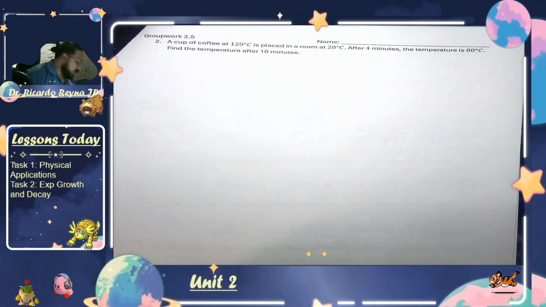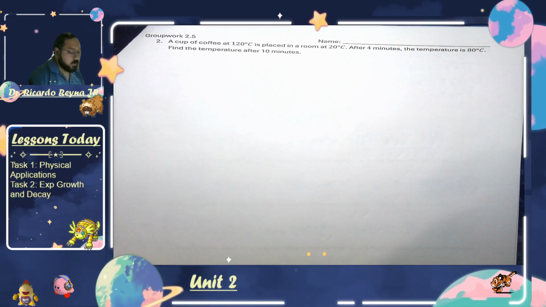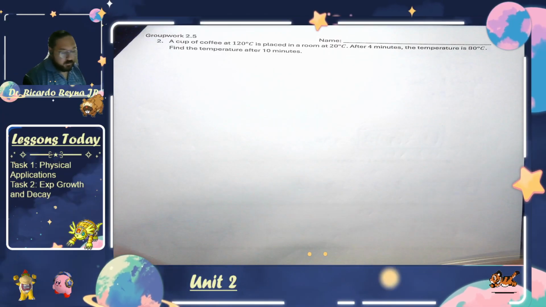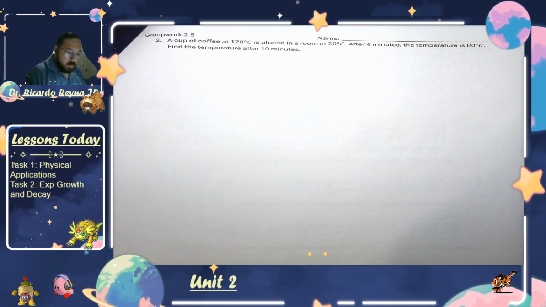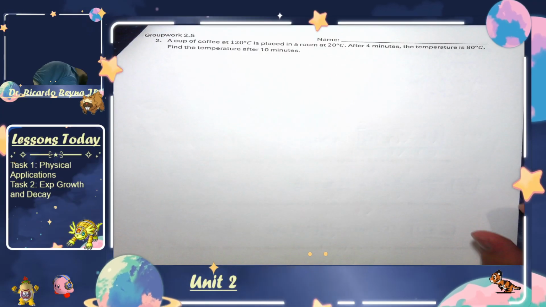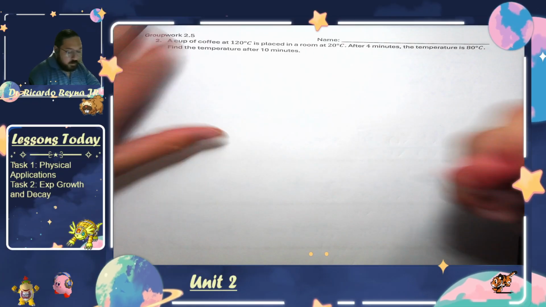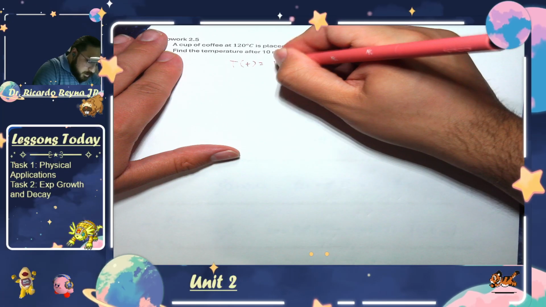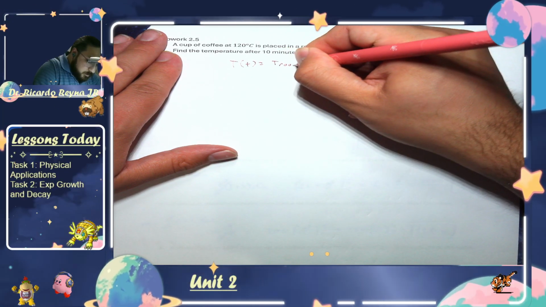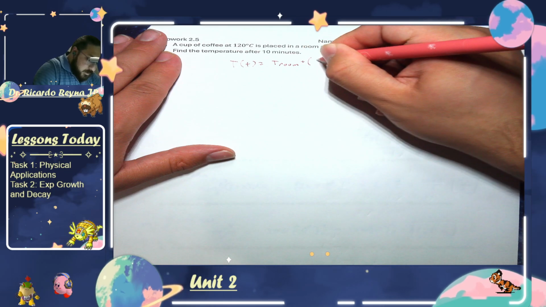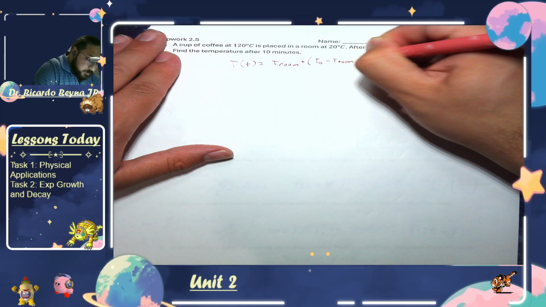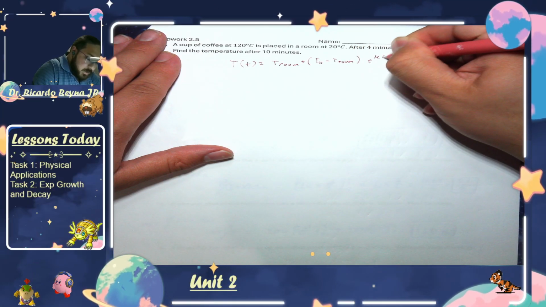So let's go ahead and write this out. Okay, I want to use a different color. So just recall Newton's law of cooling: T room plus T initial minus T room, e to the kt.